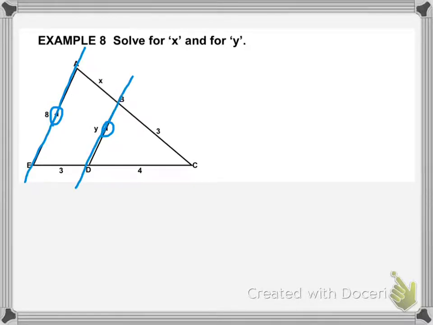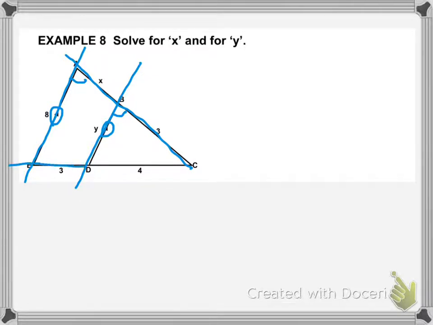Remember, you always have some congruent angles when you've got parallel lines and transversals. If I look at this transversal, I can see that these two angles are corresponding angles. Corresponding angles on a transversal that cuts through parallel lines are always congruent. So I've got one pair there.